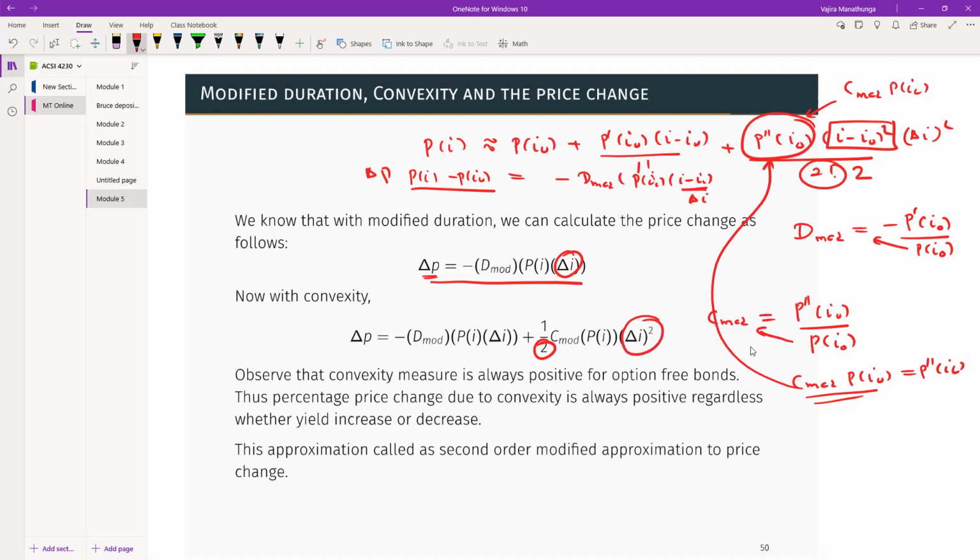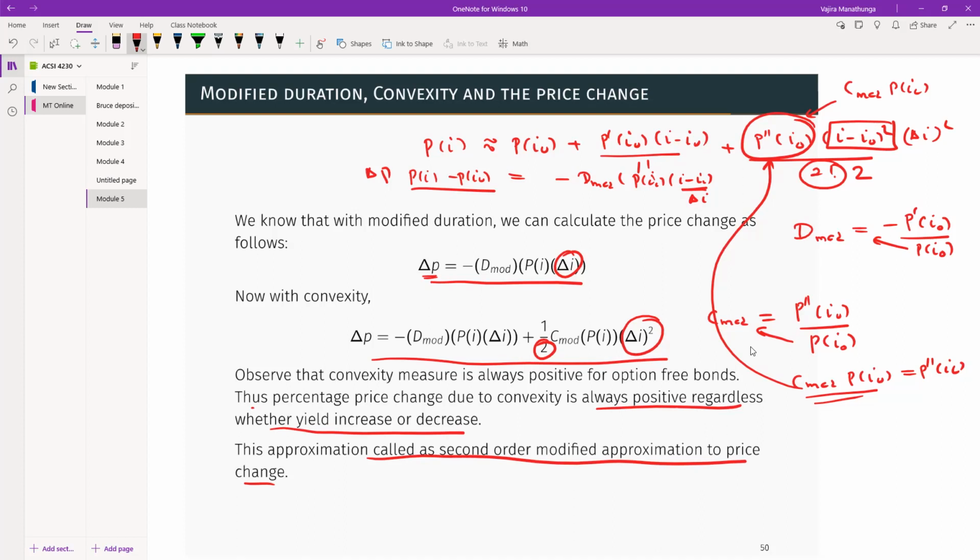So basically you get the price change now more accurate, because this one has only one term and this one has two terms. You are using the second derivative too, so it becomes more accurate. Observe that the convexity measure is always positive for option-free bonds. Thus, the percentage price change due to convexity is always positive, regardless of whether yield increases or decreases. This approximation is called the second order modified approximation to price change.